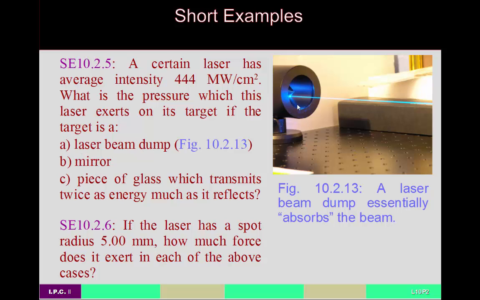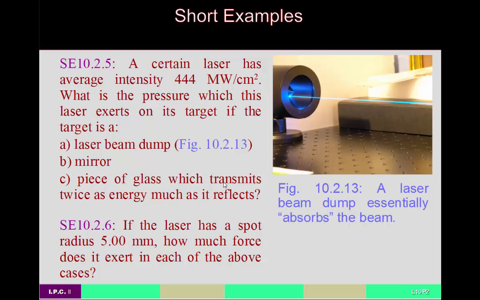The first one is that you have a laser beam dump. That's what's shown in this picture here. The second is it's reflecting back off of a mirror. And the third one is that you have a piece of glass which transmits twice as much energy as it reflects. So basically you have 3 cases: total absorption, total reflection, partial absorption, partial reflection.